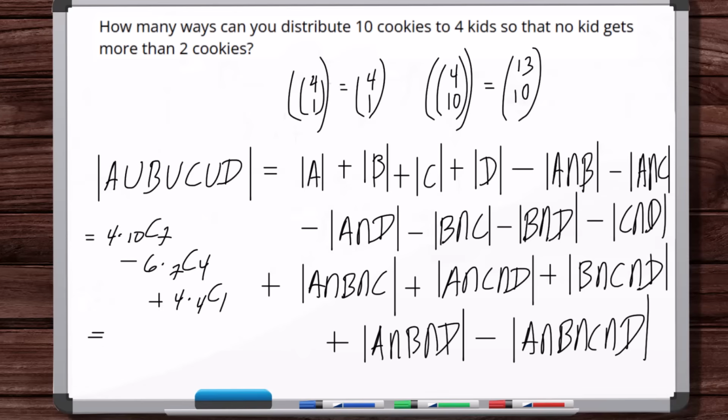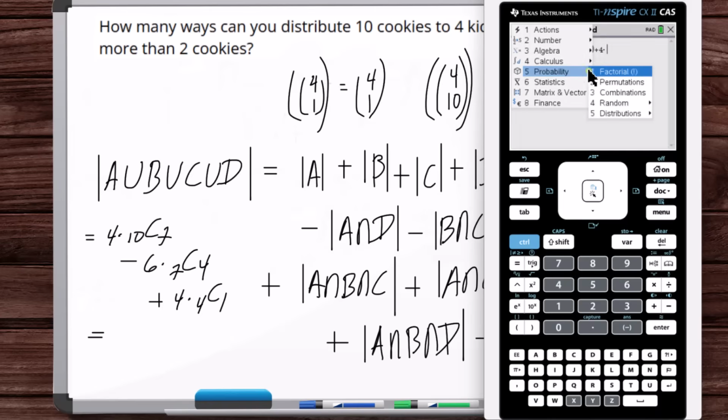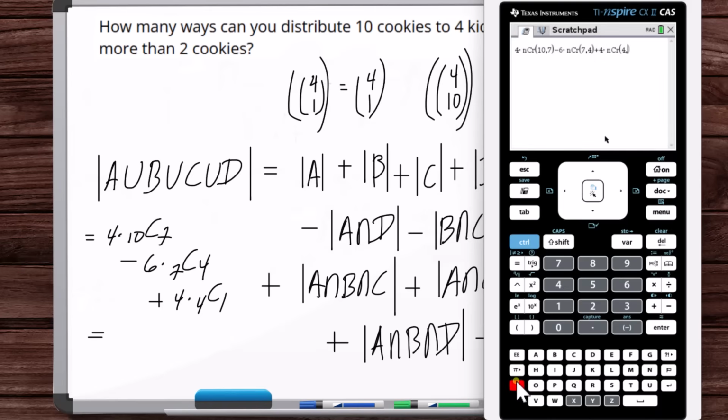So let's go ahead and get this number. Okay, 4 times 10 choose 7, minus 6 times 7 choose 4, plus 4 times 4 choose 1 is 286.